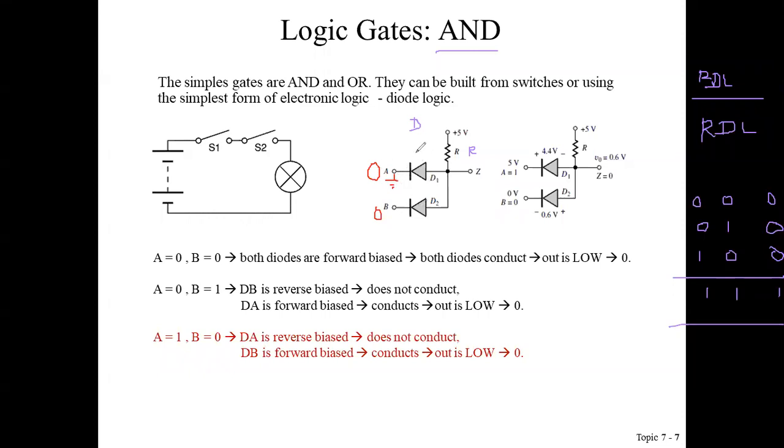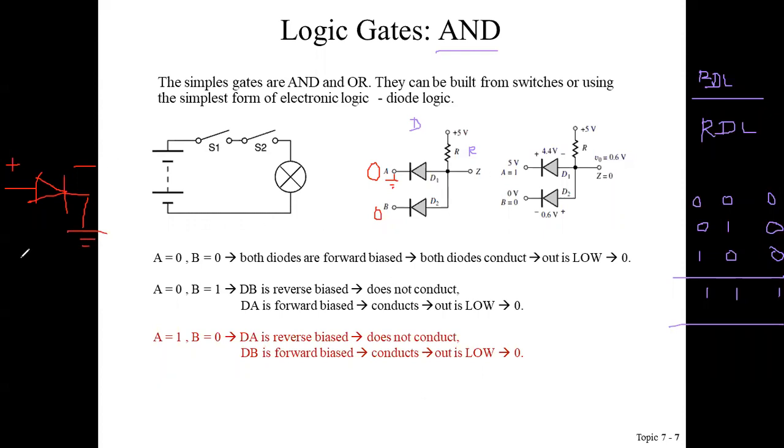Now you have to check the status of this diode. The anode of this diode is connected to plus VCC, very simple if you are strong in fundamentals. The cathode of the diode is connected to ground.